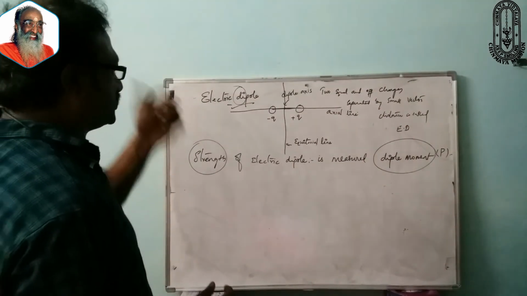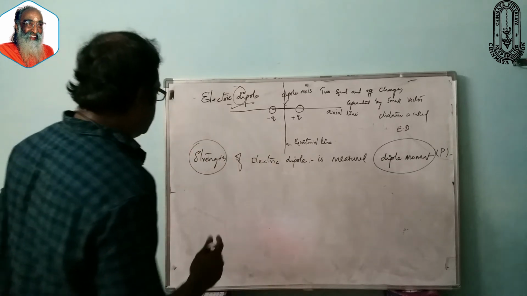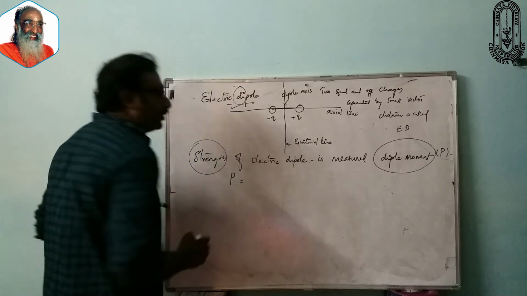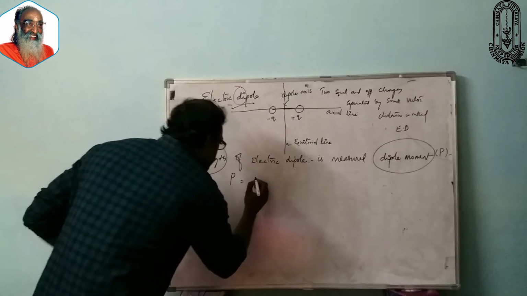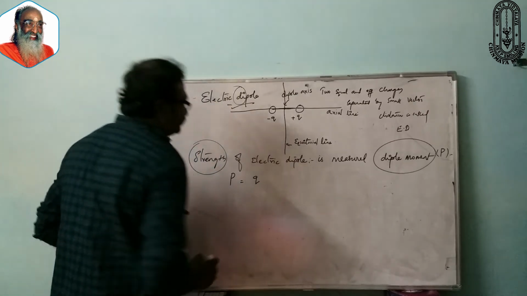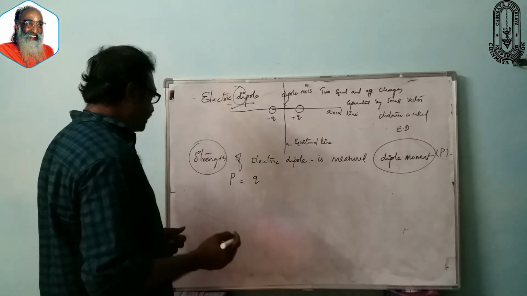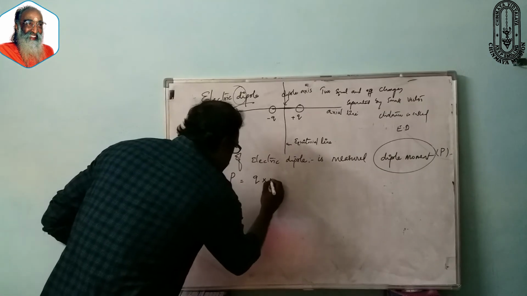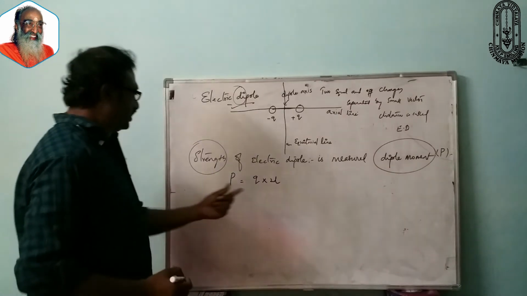What is this dipole moment? How to get it? It's very simple. The dipole moment is the product of a charge, and among these two you can select any charge because both are the same, and their separation. Here we didn't talk about the separation.